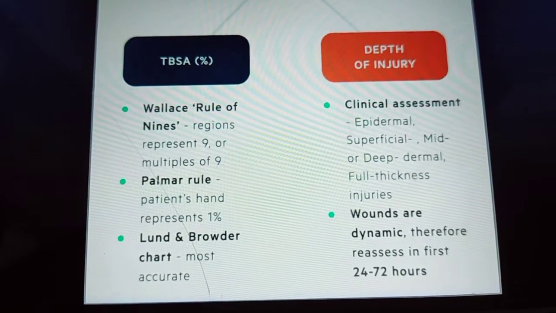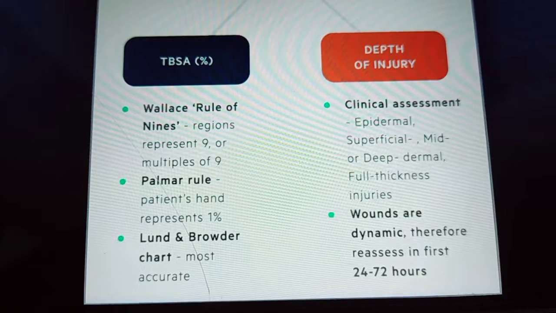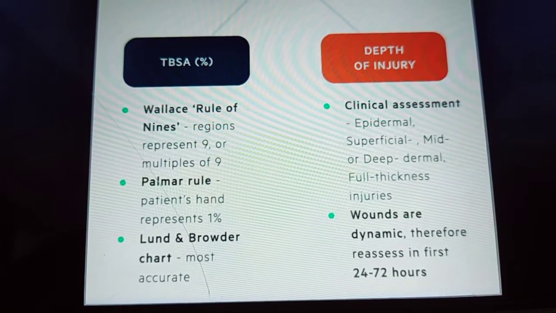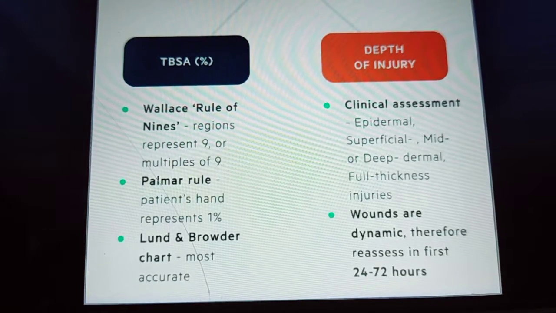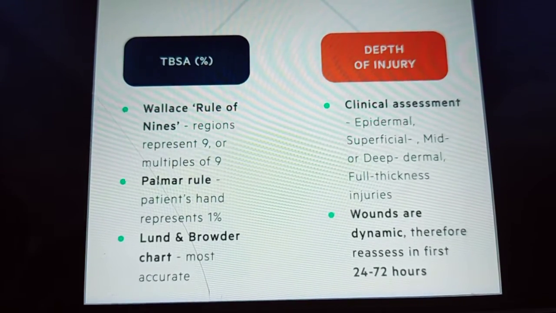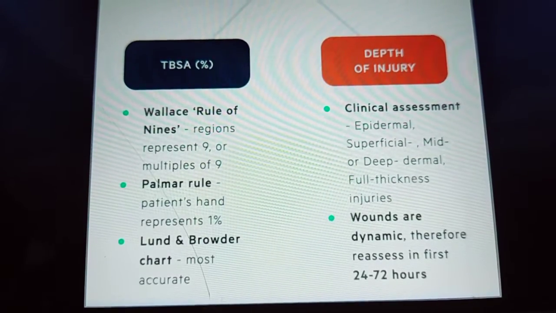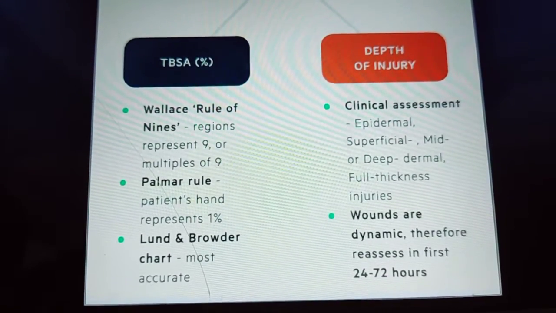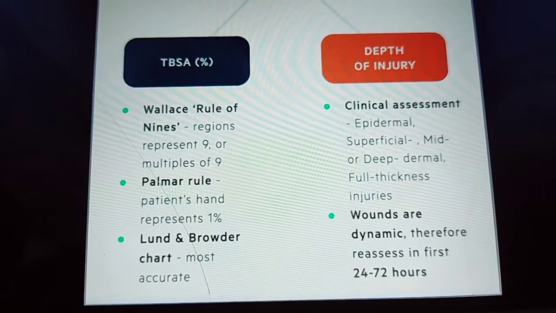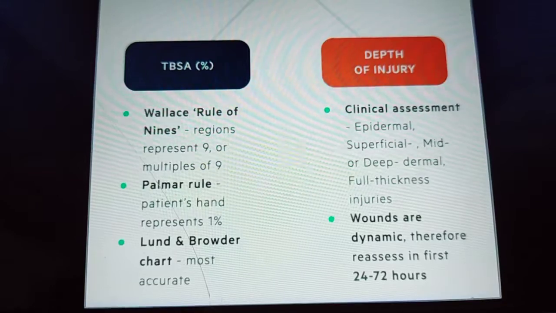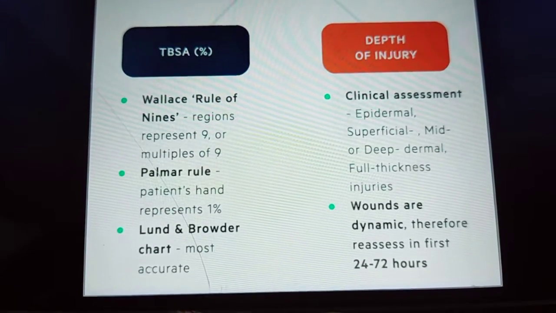And if there are any associated injuries, like smoke inhalation, cough, burned nasal hairs, oral burns, wheezing, facial fractures, or carbon monoxide poisoning, then it can complicate the condition even more. So assessing the extent of burn surface area is also very important to manage.